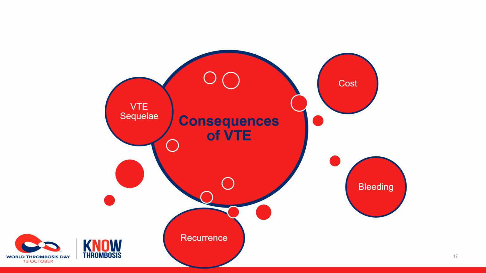And for those at the bigger end of the scale, around the 40 or 45%, this is seen as a chronic condition, which may also have long-term psychological consequences that have been shown to include emotional distress, worry, and anxiety because of the uncertainty about whether or when a recurrence might occur. So therefore, in addition to the physical burden of VTE, there's also an underappreciated emotional burden that can be associated with this condition also.